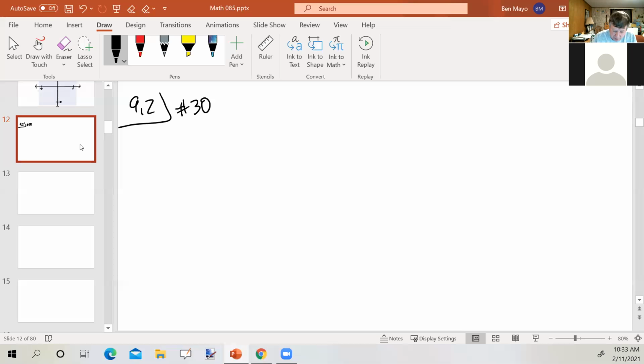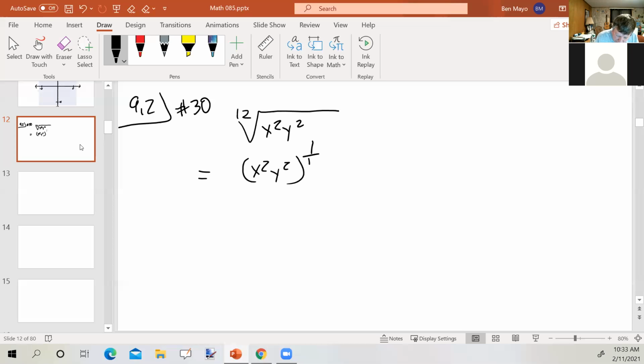So what they want us to do is to take this radical, which is the 12th root of x squared y squared, convert it into exponential form. So that would become x squared y squared to the 1/12th power. Simplify it down.